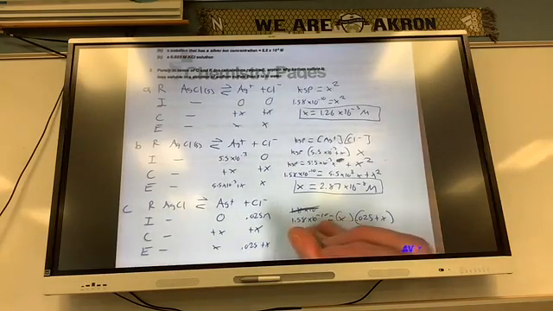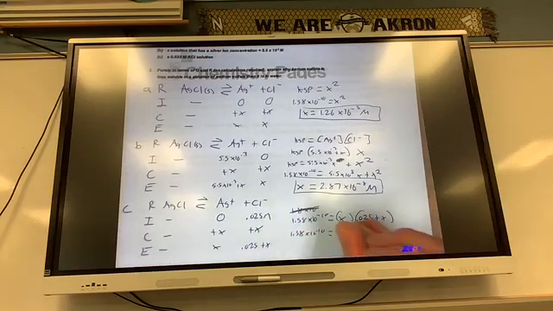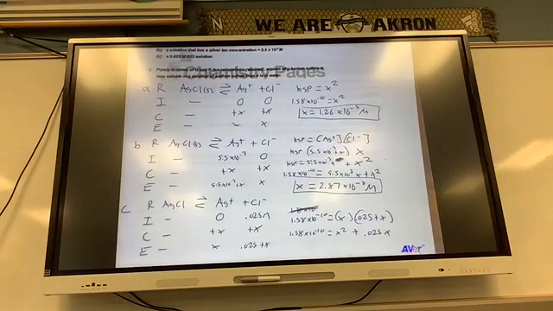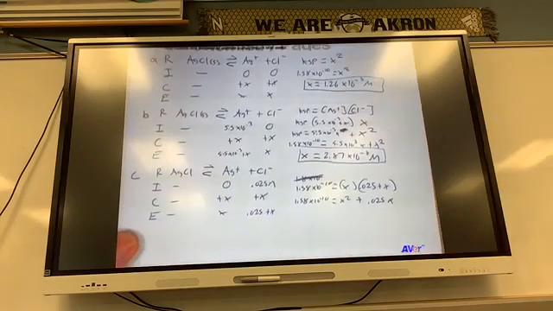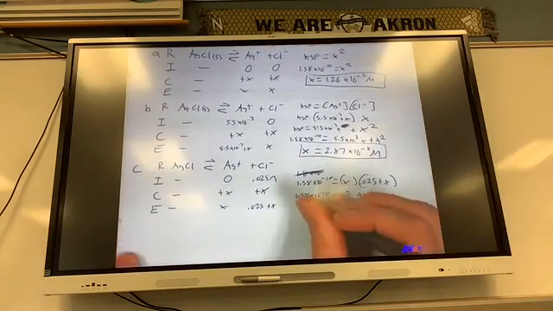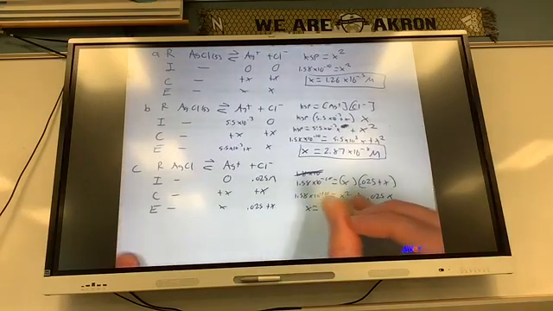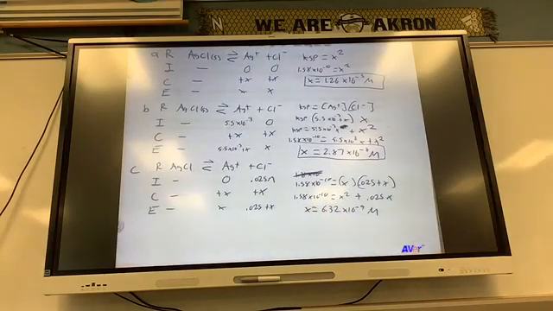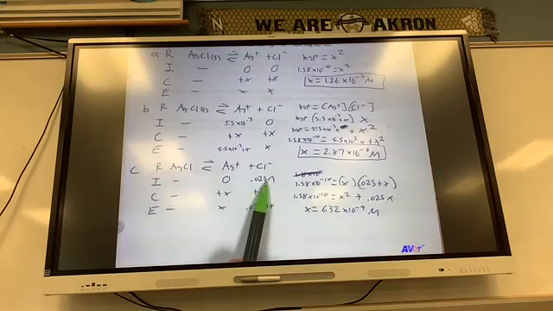So 1.58 times 10 to the negative 10th equals x squared plus 0.025x. Graph it, do the quadratic formula, but x ends up being 6.32 times 10 to the negative 9th molar. It's even lower. That makes sense, right? Because this is an even higher concentration than the last one.